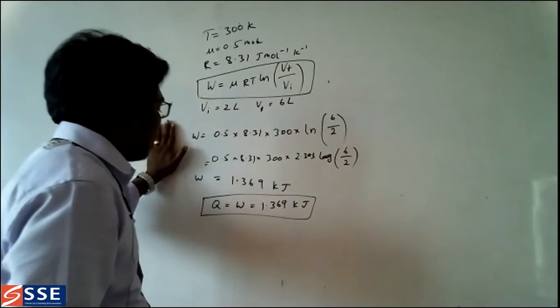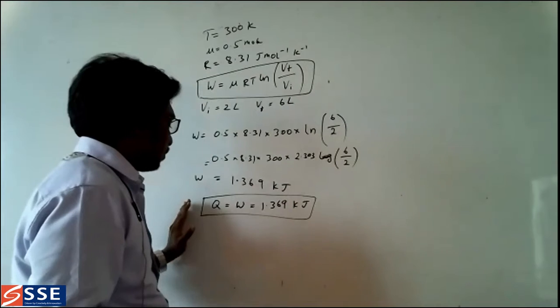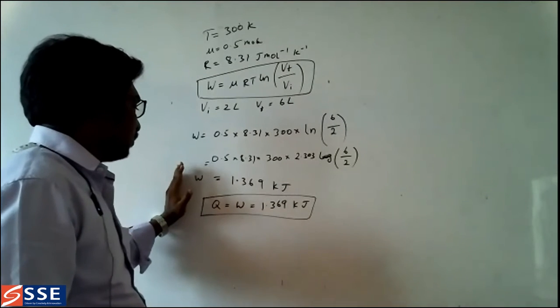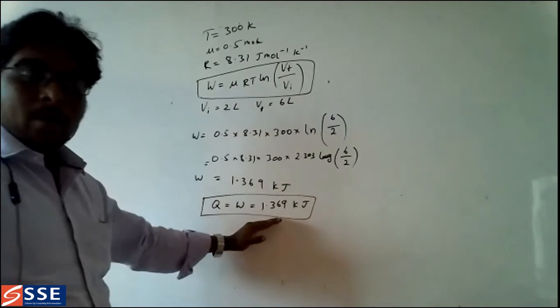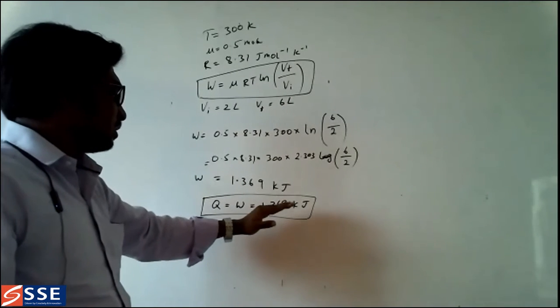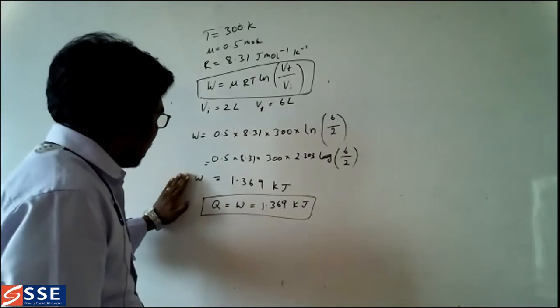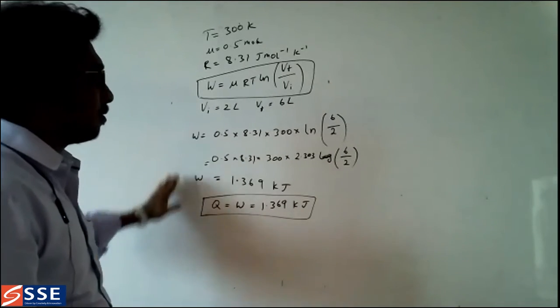Then they are asking for Q. How will you solve? According to the first law of thermodynamics, Q is equal to W. You should not get confused with this one. You just put the answer as 1.369 kilojoules. If they don't give the data for Q also, you have to solve like this one.